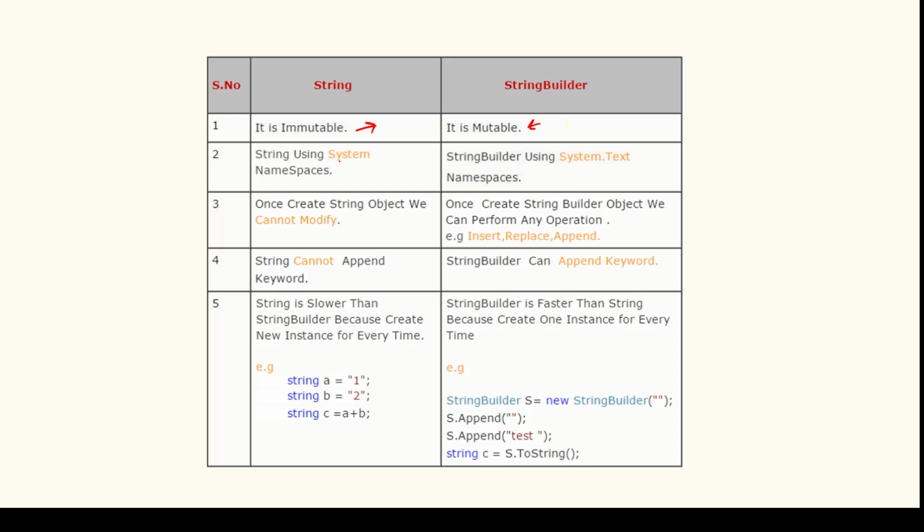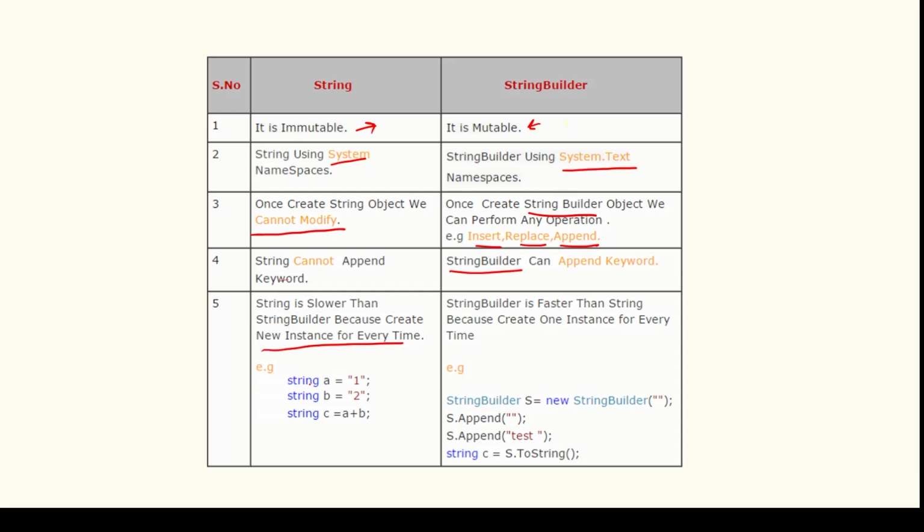String is available in the System namespace, whereas string builder is available in the System.Text namespace. As we have already discussed, a string cannot be modified, but we can use insert, replace, or append on a string builder object. String is slower than string builder because it creates new instances every time.